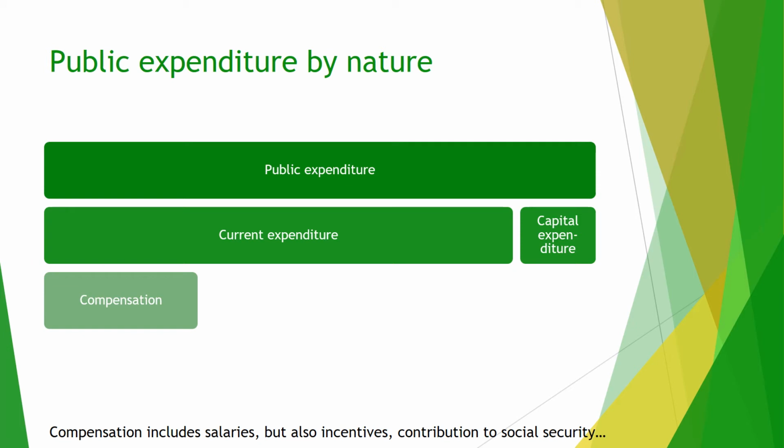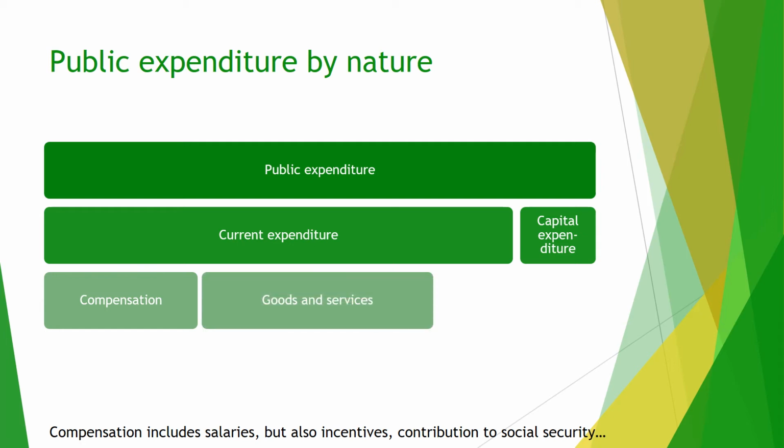It can be compensation. Compensation typically includes salaries, but it's also incentives to teach in difficult areas or difficult schools, for instance. It also includes contribution to social security, etc. So it's more than just the salary, the average salary that a teacher may have on their paycheck.